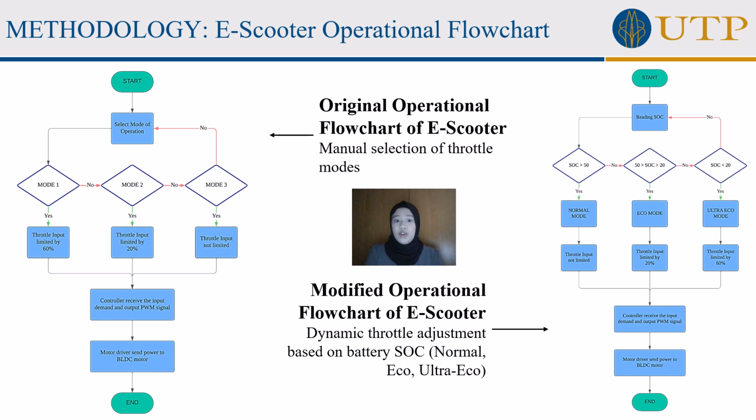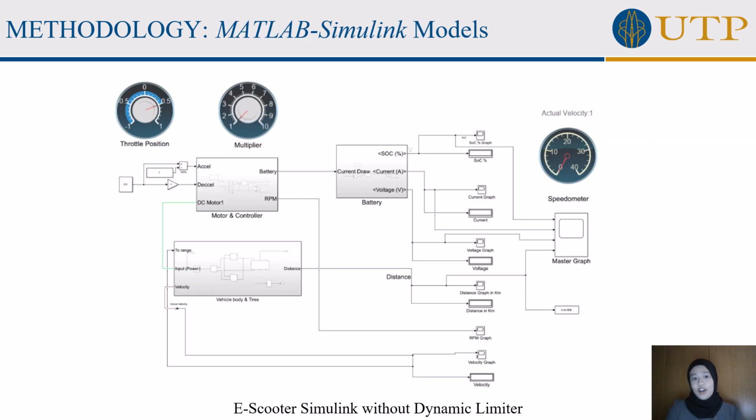If the SoC falls below 20%, the e-scooter enters ultra eco mode where the throttle input is limited by 60%. So the result is smarter energy use, longer rides without any user intervention. Moving on to the simulation part of the project.